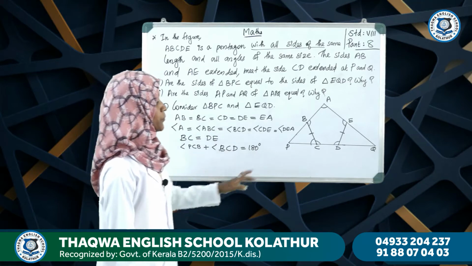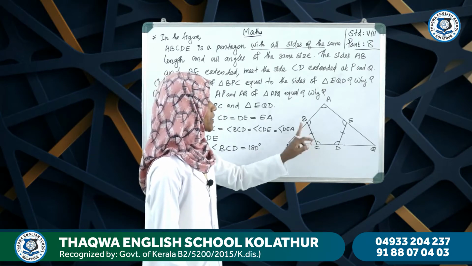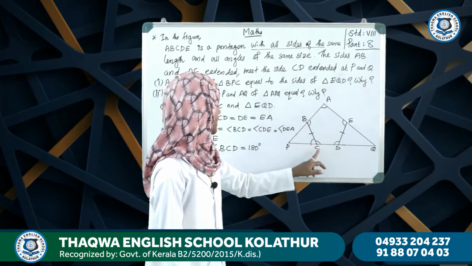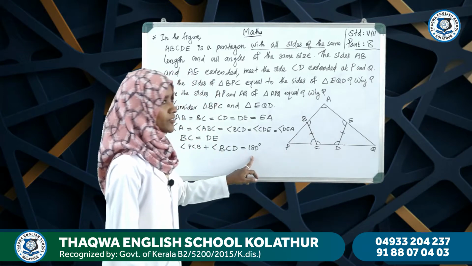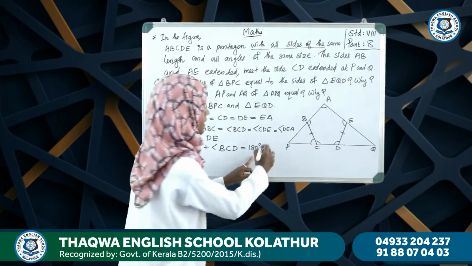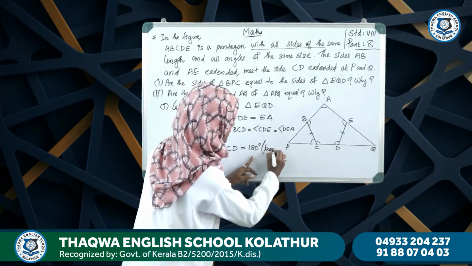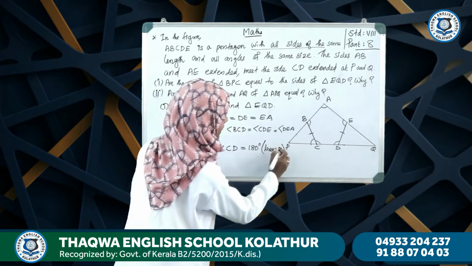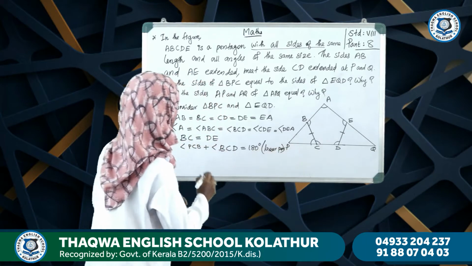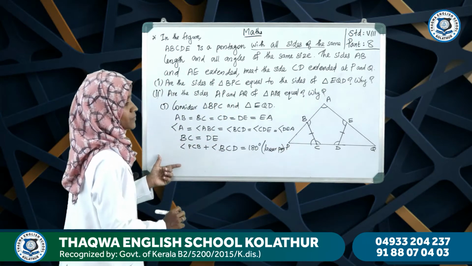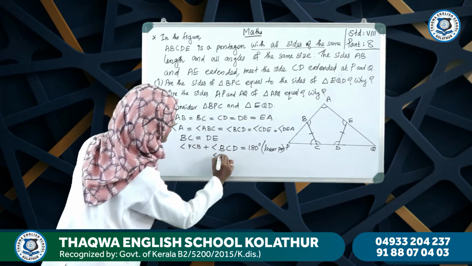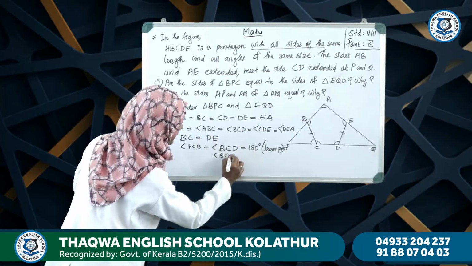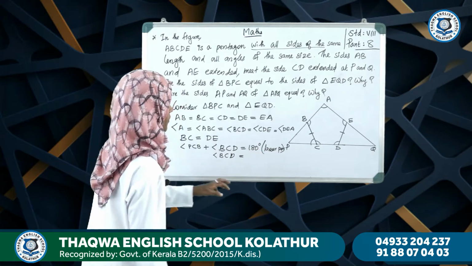What is the reason? Angle PCB plus angle BCD equals 180 degrees. Reason? The two angles form a linear pair. Linear pair. Okay.